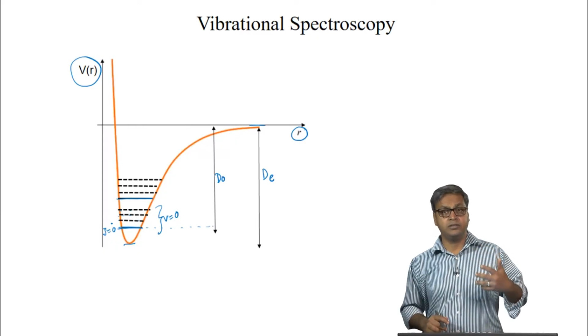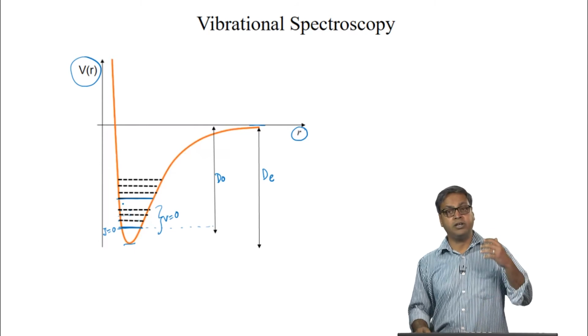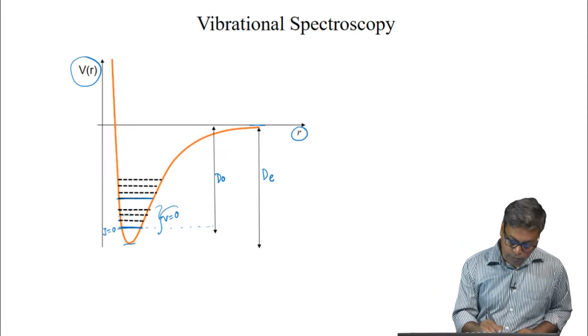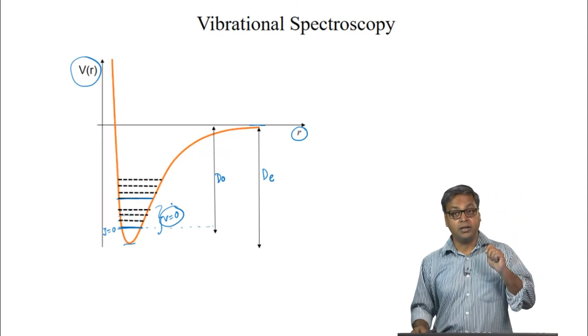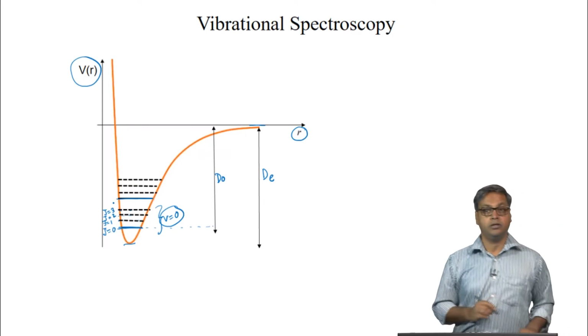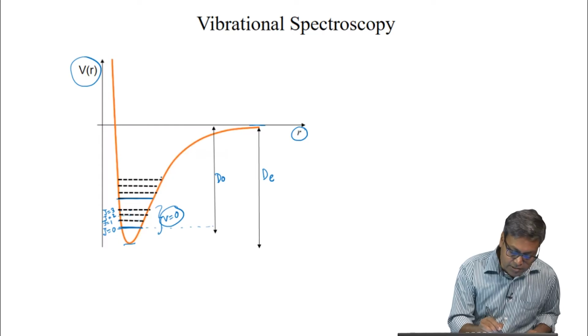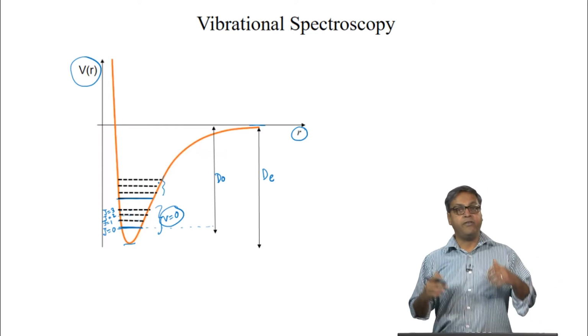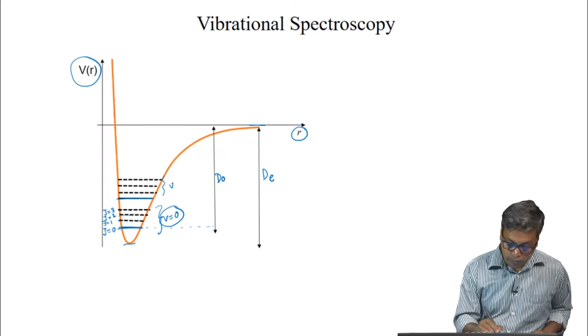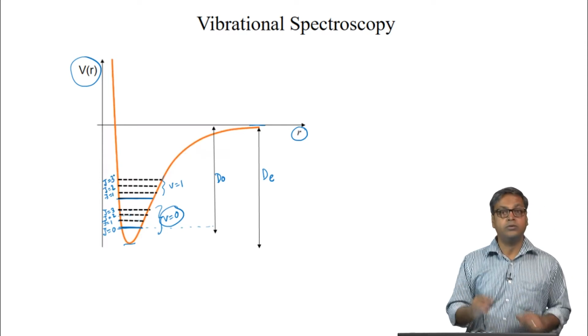Molecules at the levels shown by these other dashed lines also have vibrational energy associated with v equals 0, but they have rotational energy associated with J equals 1, J equals 2, J equals 3 and so on. Similarly, these other dashed lines have energy associated with v equals 1, but here we have J equals 1, J equals 2, J equals 3.